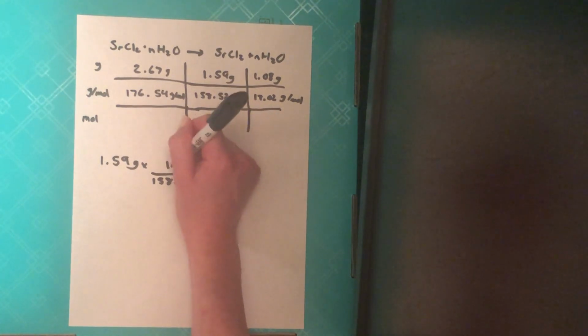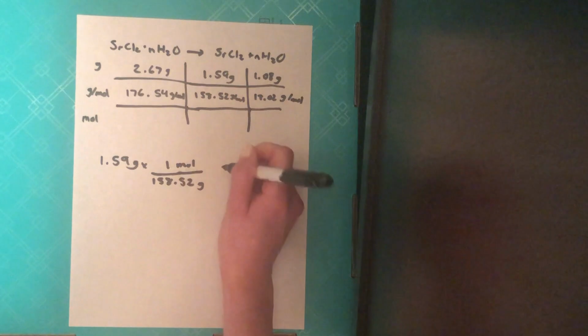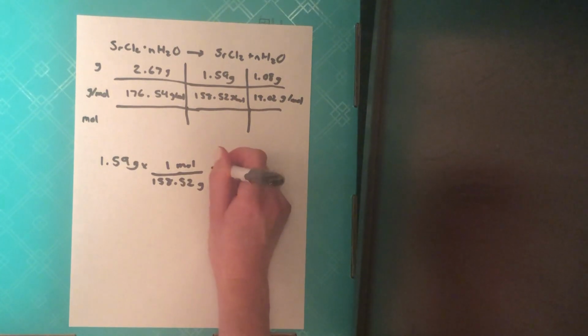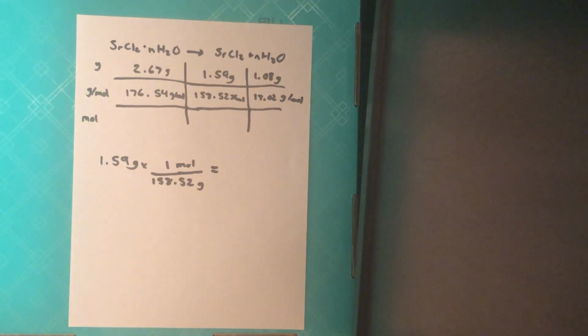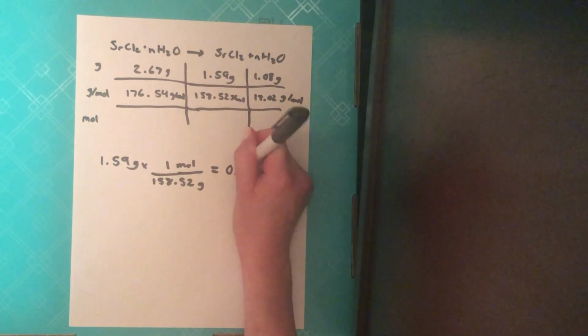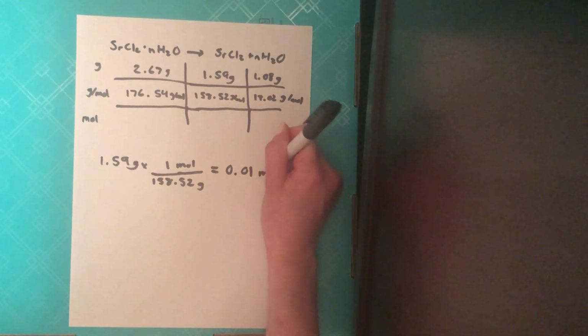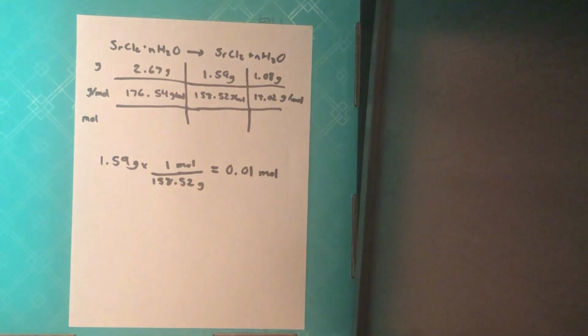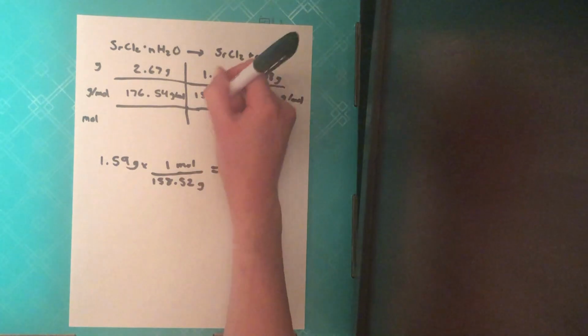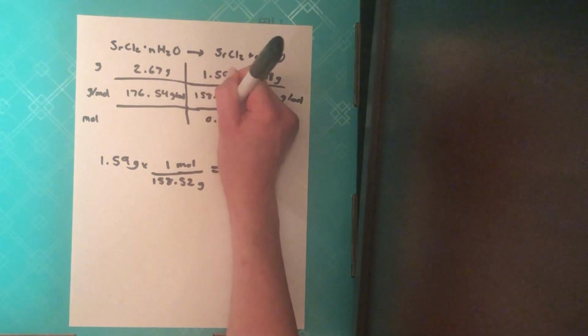And that's grams per 1 mole. That's going to leave us with 0.01 moles when we put that in our calculator. So now we're going to fill in our chart.